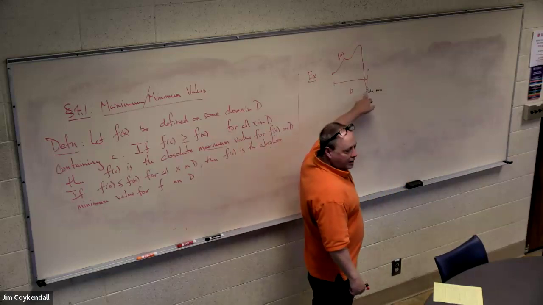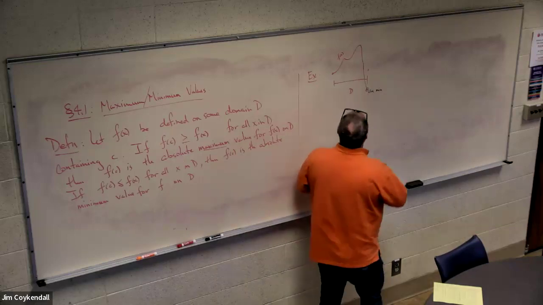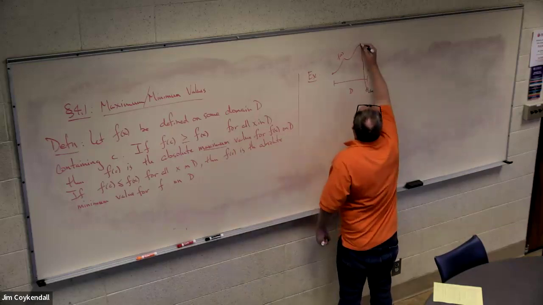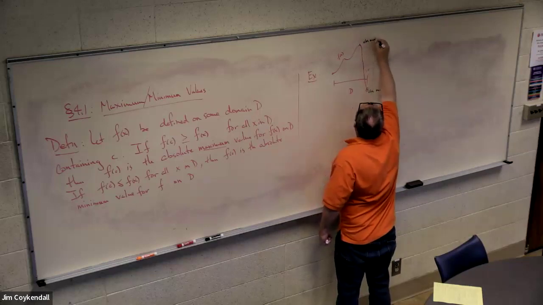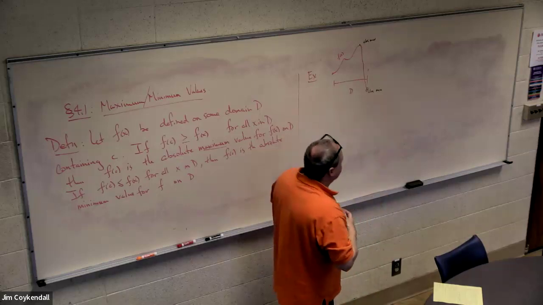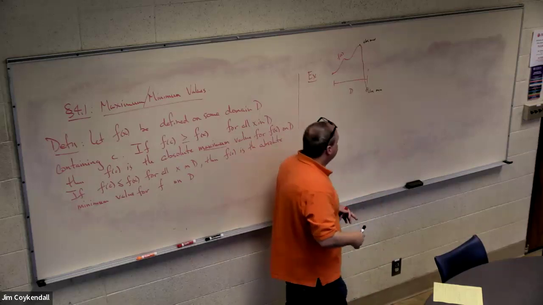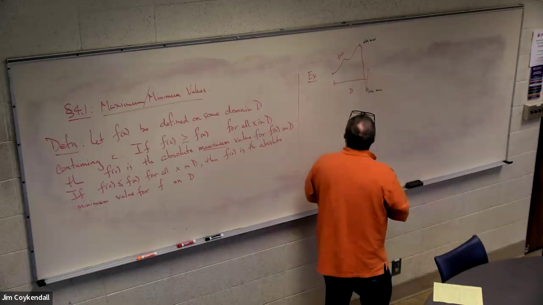Notice the y coordinate here is smaller than every single other one. The absolute maximum is about here. That's just the biggest y coordinate, right? That's what the absolute max and absolute min are. It's the smallest and the biggest output of the function.